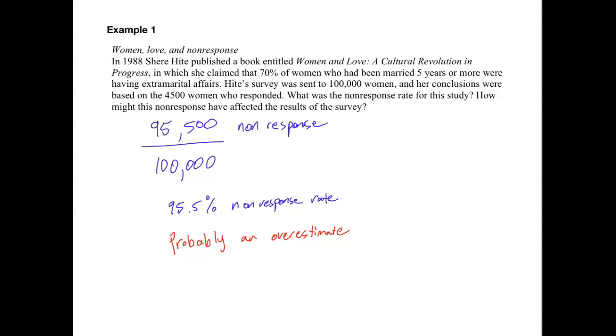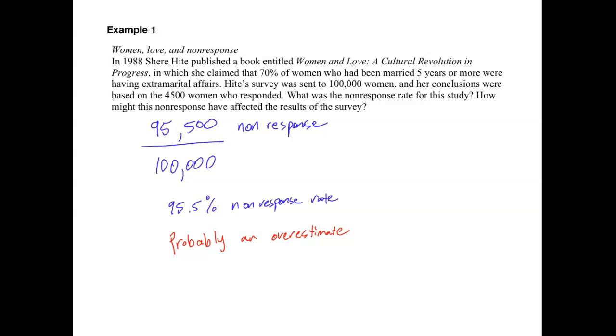And probably the people who responded had maybe a bad marriage. I don't know why you would ever write in to a lady soliciting about your extramarital affairs, but I would imagine it's probably because you have a bad marriage or something. And so, since it's such a high non-response rate, I would not trust these results, and also probably consider it unethical to publish these results.